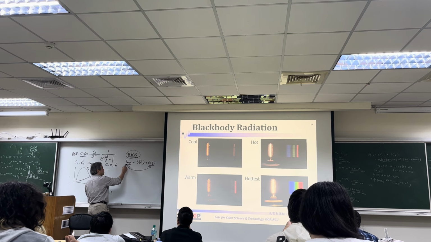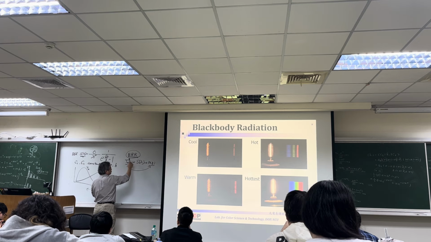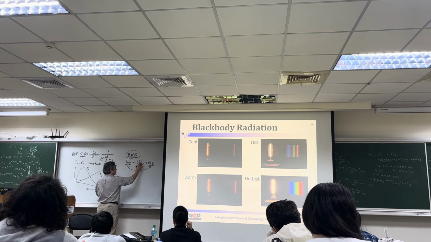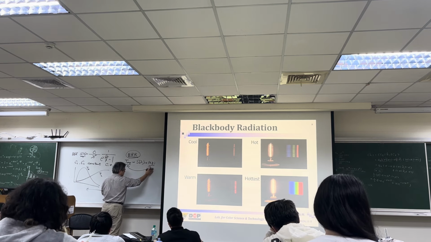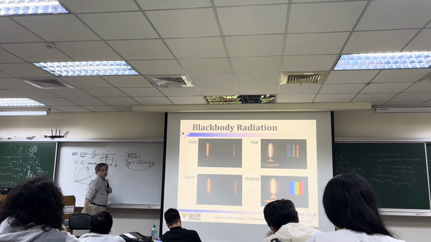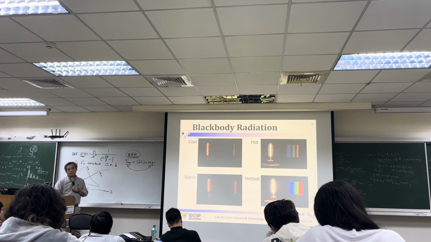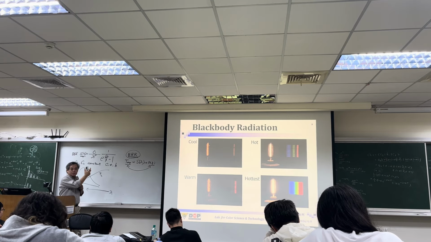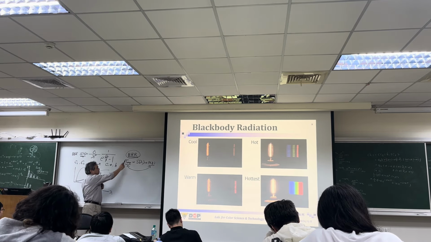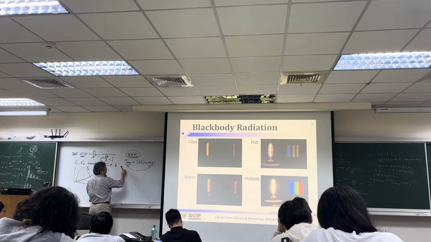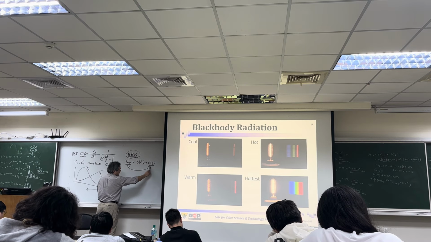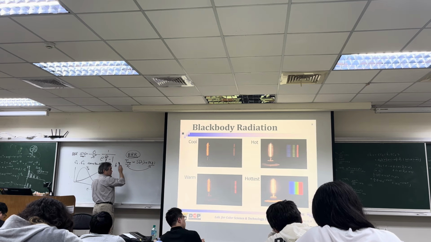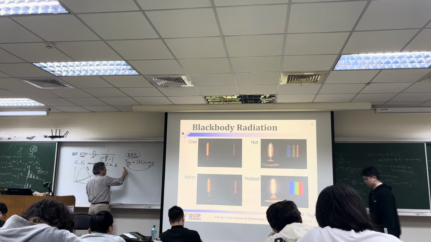Because 3000 K of black body radiation will emit this kind of spectrum, and it looks like yellow color. So based on this natural phenomenon, we have created a tight connection between the colorimetry quantity and the thermal quantity.